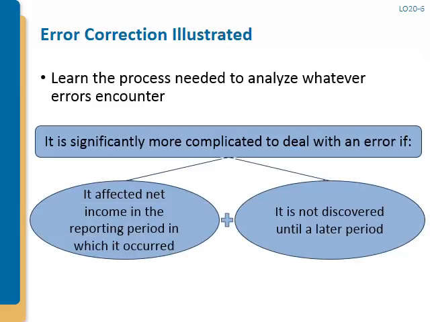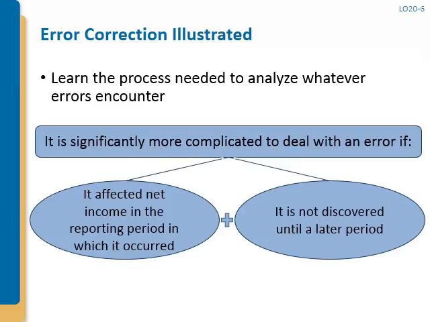Now let's discuss the procedures to correct errors in the context of a variety of the most common types of errors. Since there are literally thousands of possibilities, it's not practical to describe every error in every stage of its discovery. However, by applying the process to the various situations, you should become sufficiently comfortable with the process that you could apply it to whatever situation you might encounter.